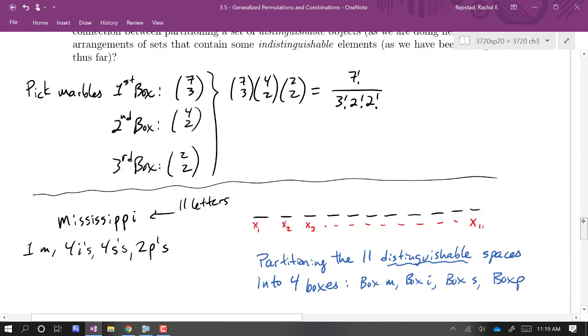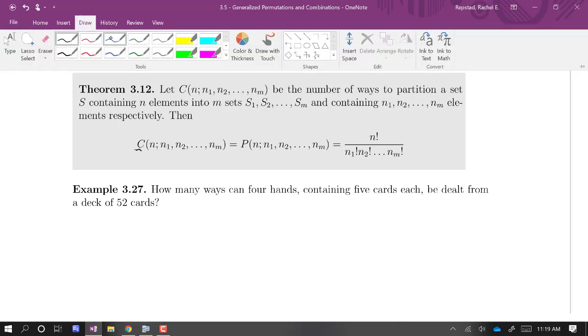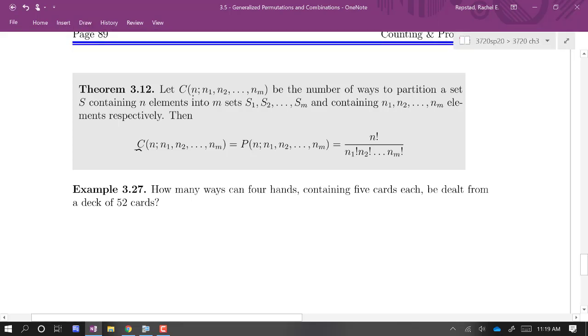Now on the next page we have another theorem, but this is going to look pretty familiar. We're using slightly different notation, right? We have this C of, but now the rest of it is N, and then semicolon with all these N sub i's that follow. So this expression here, we're going to let that be the number of ways to partition a set S containing N elements into M sets, and each of those sets containing N sub i elements.